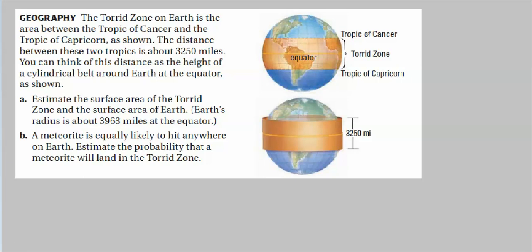So let's set this up. What would it be? Well, for the lateral surface of a cylinder, we just forget the top and the bottom. We don't need the pi r squared part for the two ends of the cylinder. We just need the lateral surface, kind of like the body of the cylinder. And that would be the circumference, 2 pi r.